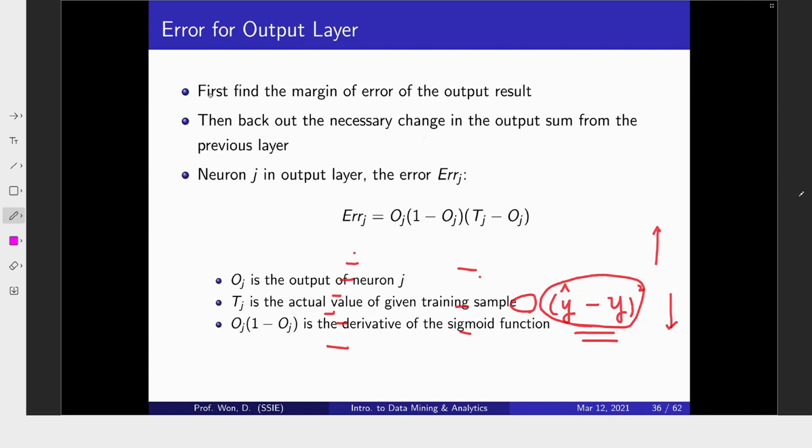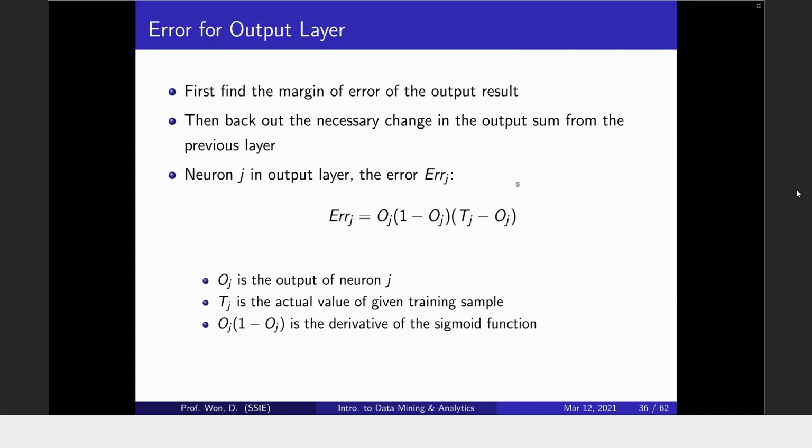For the errors of the output layer, first find the margin of the error in the output result, then back out the necessary change in the input sum in the previous layers. Simply speaking, firstly we calculate the output and compare it with the actual value, for example 0.77 and 0. So OJ is the output we calculated, and TJ is the actual value. Our final goal is to reduce the gap.